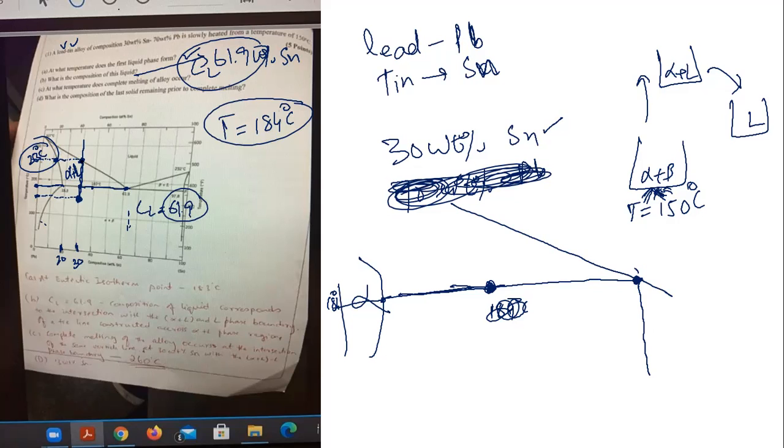At this point you draw a tie line, and the tie line will connect to the alpha line. On the alpha line, you move down and note down the composition. How much is this? It is 10 and it is 20, so maybe 14, because it is just in the middle. So C_alpha is what?